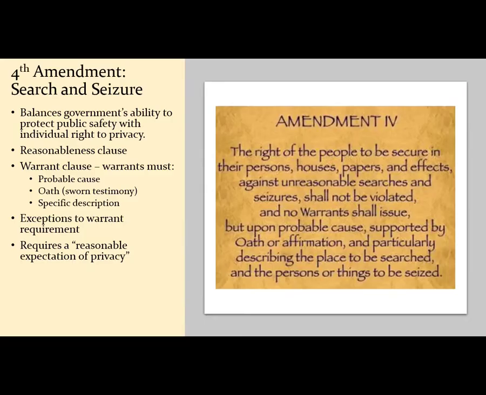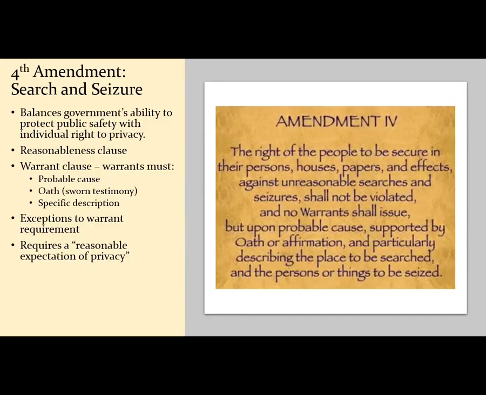But if you take that paper and you wad it up and you toss it in a trash can on the side of the road, you cannot reasonably expect it to remain private. Anybody could walk up and pull that paper out of that trash can. So the privacy that surrounds the property is lost when you toss it away. So you no longer have a reasonable expectation of privacy.